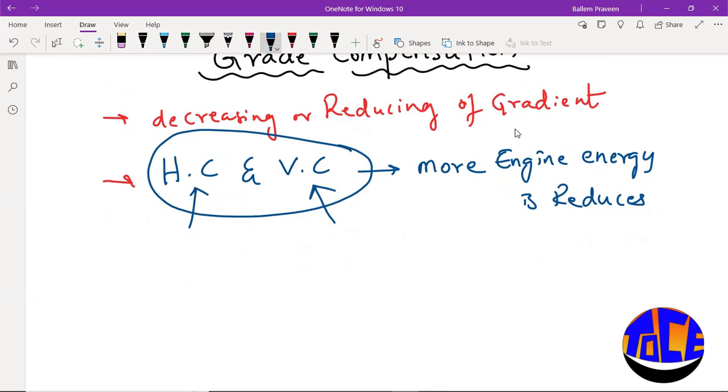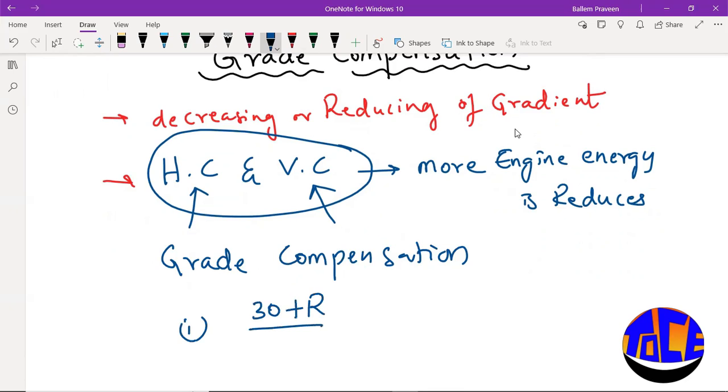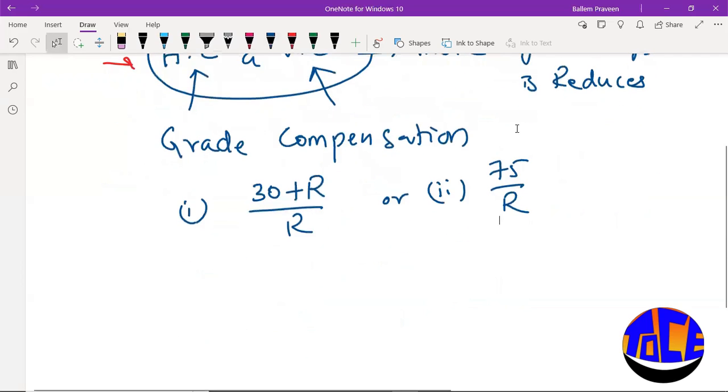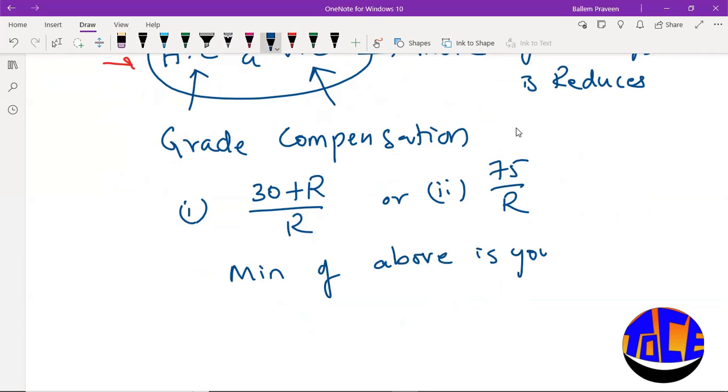One is (30 + R) / R, and the second formula is 75 / R. The minimum of these two is your grade compensation. Whatever the minimum value, that value will be reduced.